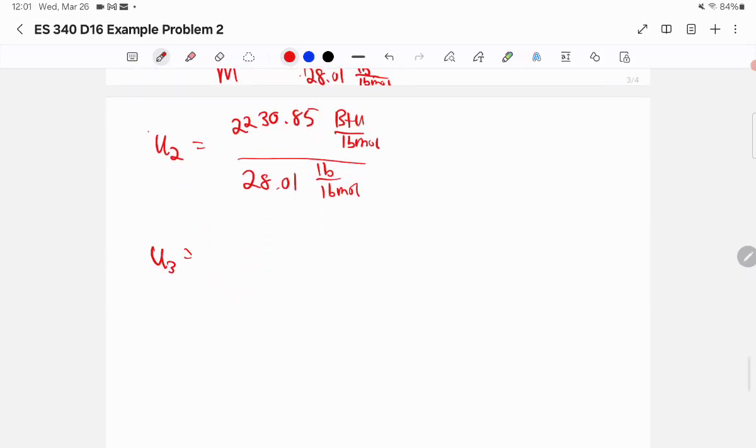And U3 similarly is 2230.85 BTU per pound mole divided by 28.01 pound per pound mole.